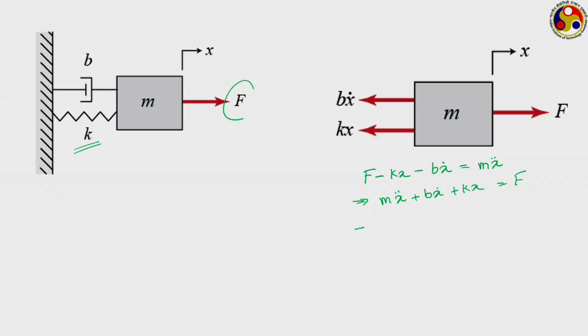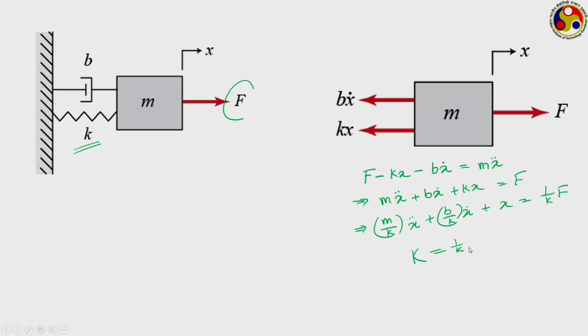If we compare with our earlier notation, m by k x double dot plus b upon k x dot plus x is equal to 1 by k F, then what is your capital K, the static sensitivity? Sorry, it is not 1 by x, it is 1 by this small k.